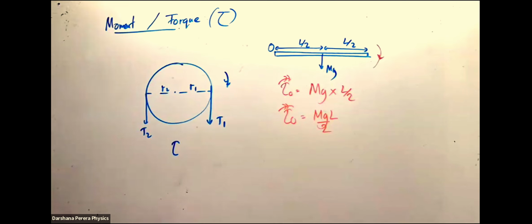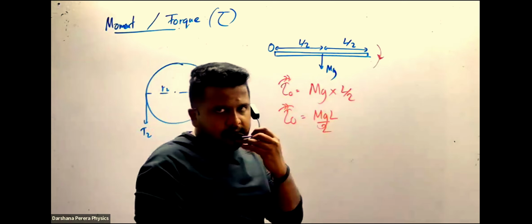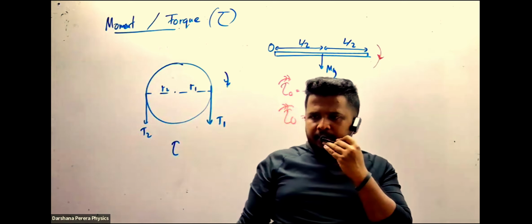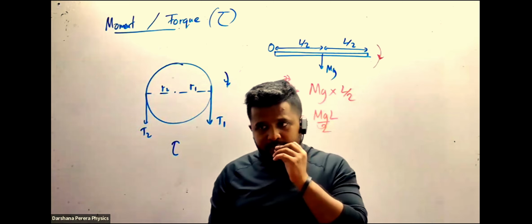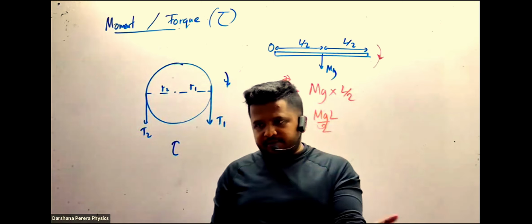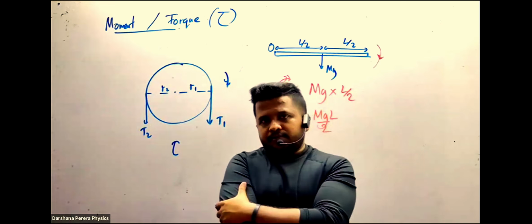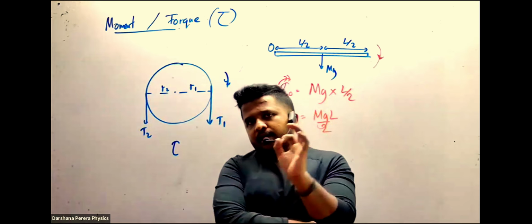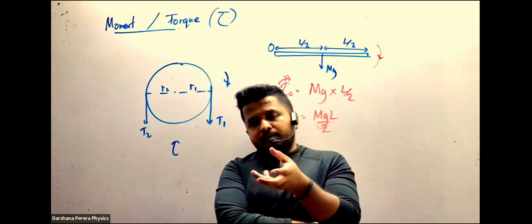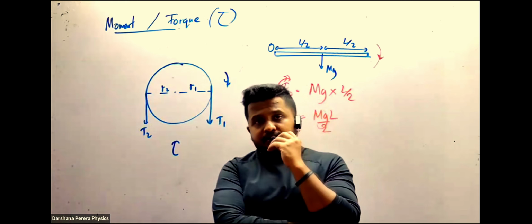In Newton's law, we discussed pulley problems. In rotational motion, we also discuss pulley problems, but there is a small difference. In Newton's law, the pulley is considered a smooth, frictionless pulley.